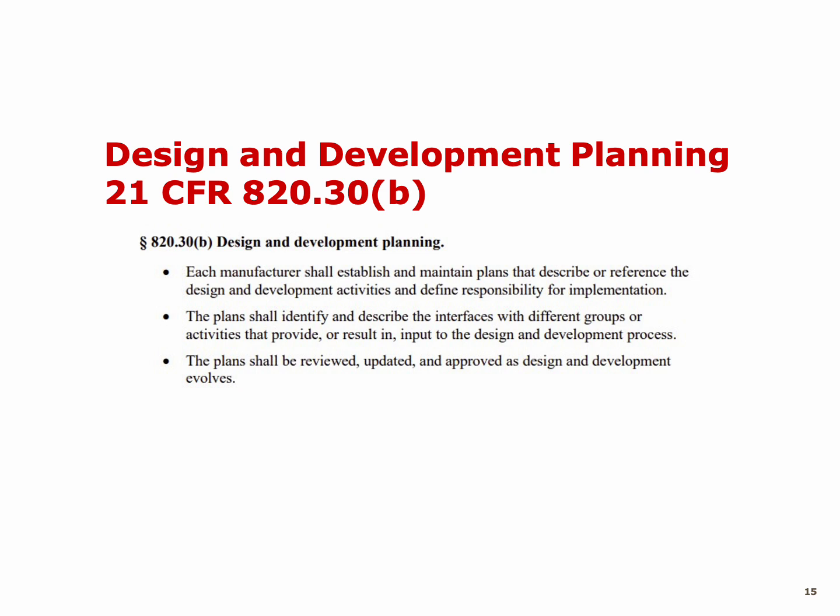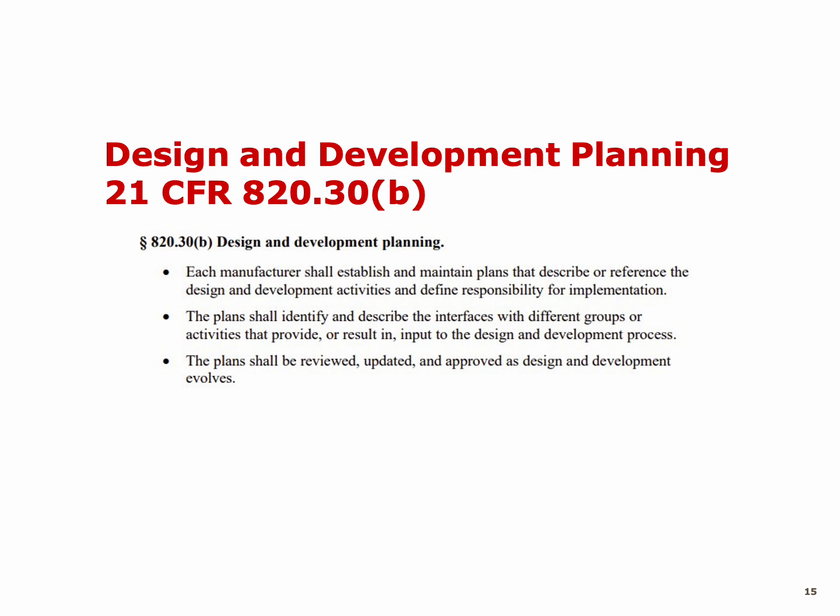It also says that the plans shall identify and describe the interfaces with different groups or activities that provide or result in input to the design and development process, and the plans shall be reviewed, updated, and approved as design and development evolves. Here in front of you, you do have a text of the law where it allows you to write standard operating procedures.